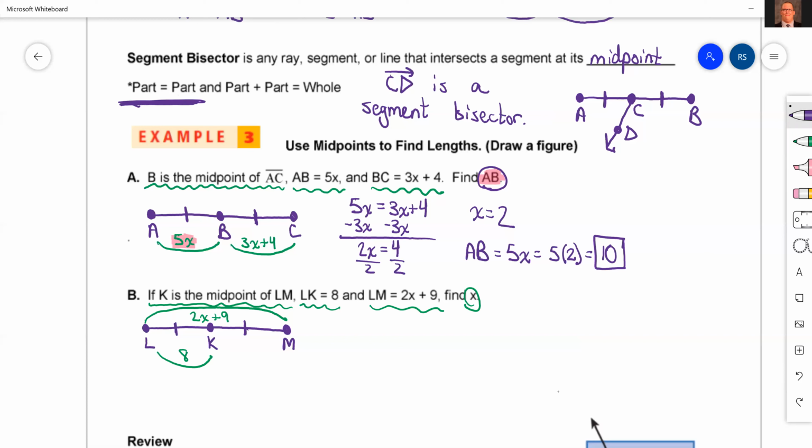Okay, well, what do we know though? We're not given the two parts, so we can't say part equals part. We can't set these equal to each other, which means we have to use the other one, part plus part equals whole.